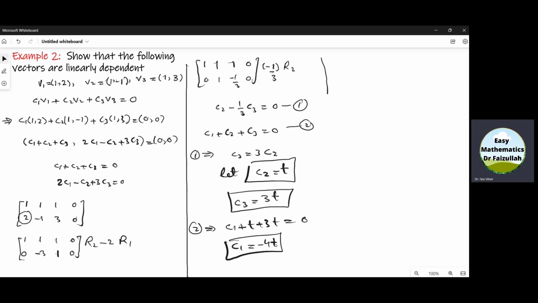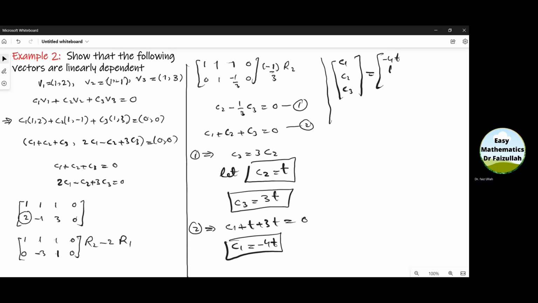So we have C1, C2, C3, which is equal to the value of C1, that is minus 4t, the value of C2, that is t, the value of C3, that is 3t. Let us take t as common. So we have minus 4, 1, 3.